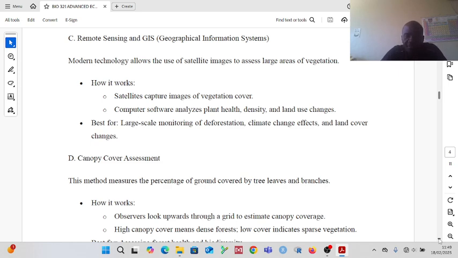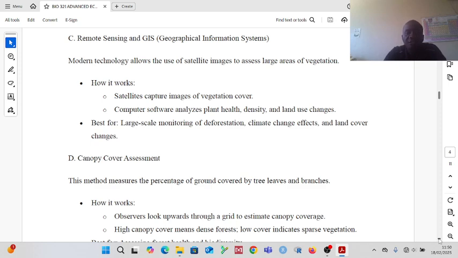So remote sensing and GIS is best for large-scale monitoring, for example, of deforestation. Think of a big forest like Kakamega Forest, where you cannot have a transect, or a square that you use, because it's too large, it's massive.